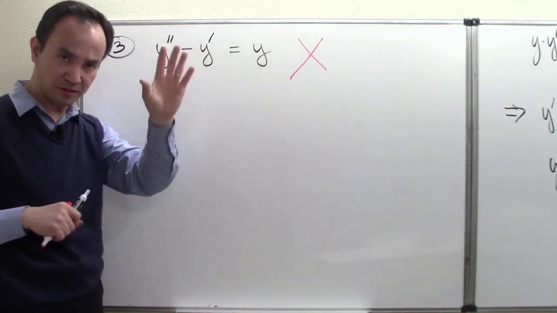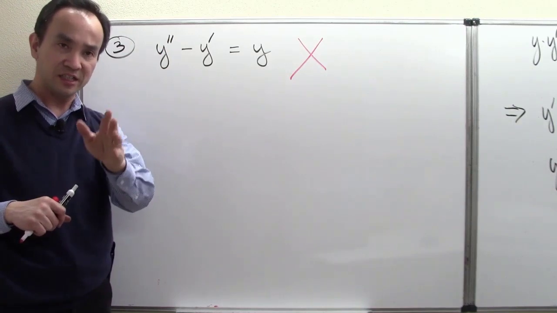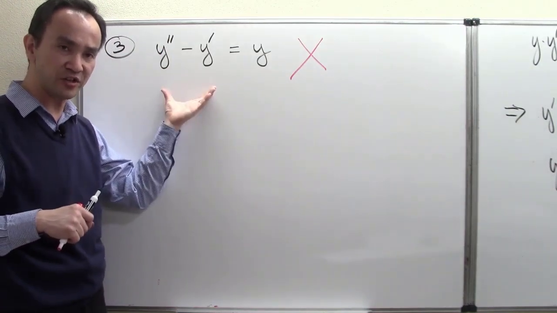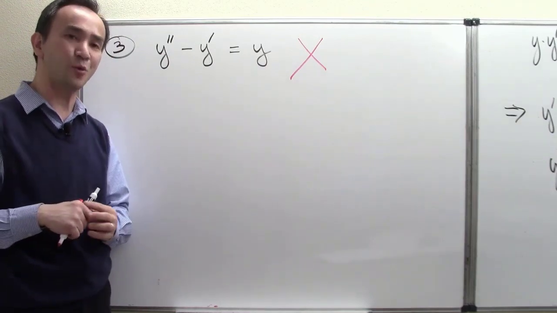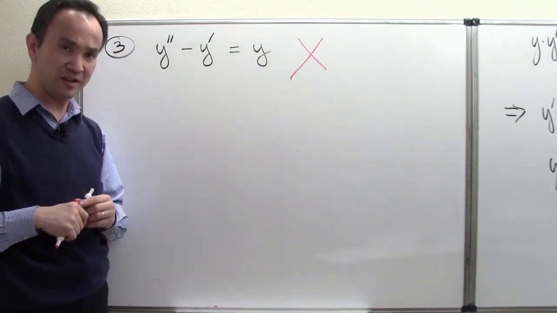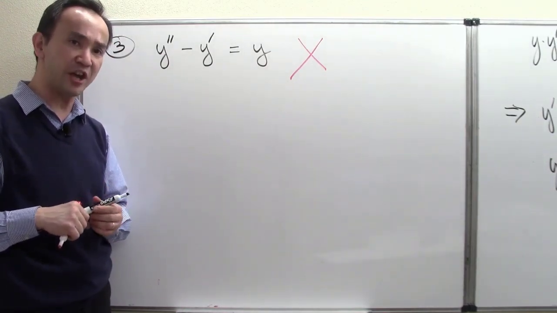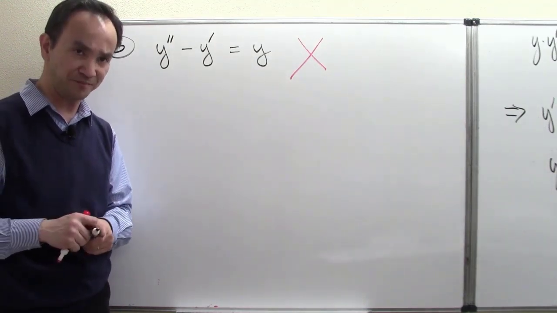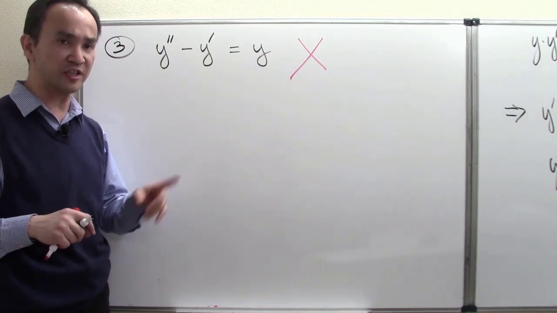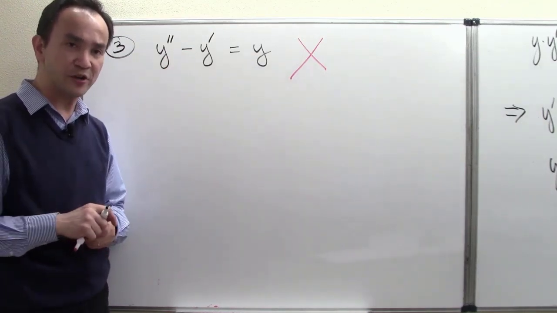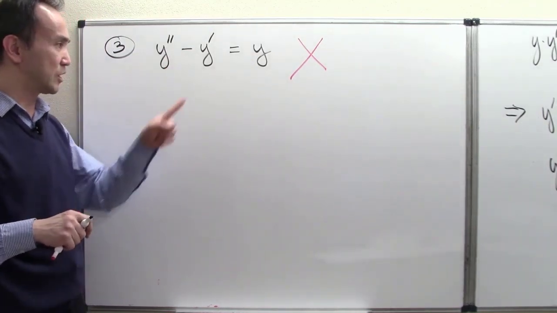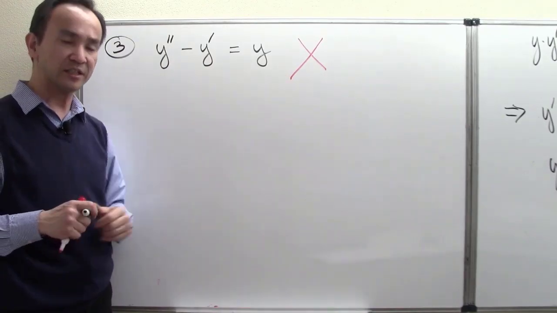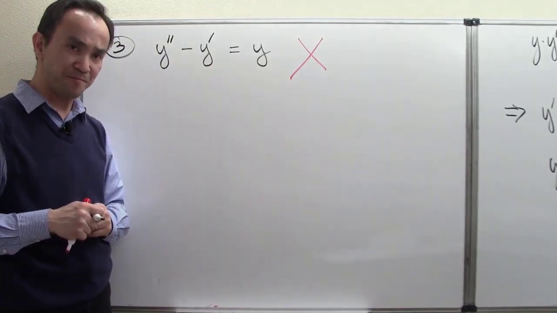In order to be a separable equation for our class, the differential equation needs to be first order. And so this one fails. As a matter of fact, in general, all separable equations are considered first order differential equations. And so this is the reason why this third equation is another one that fails being separable.